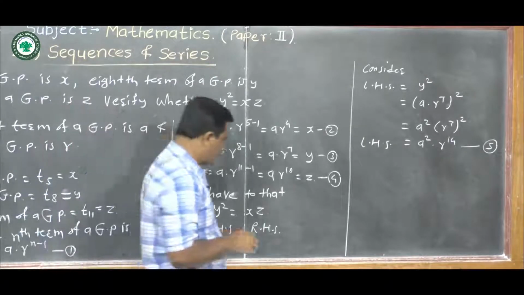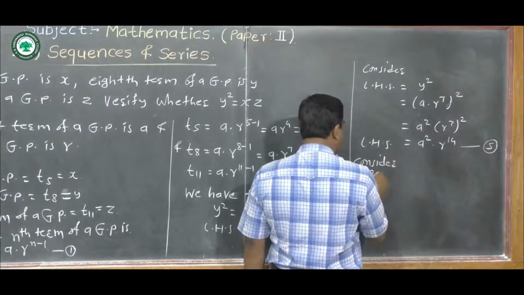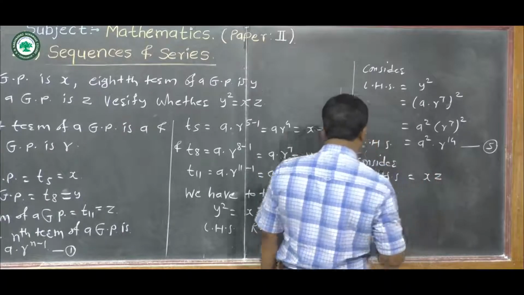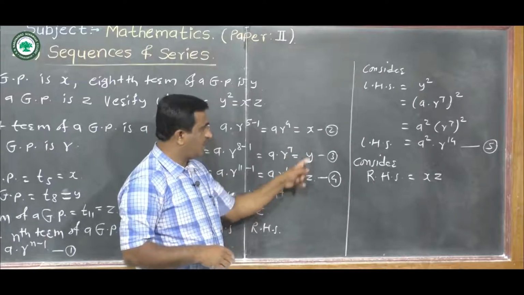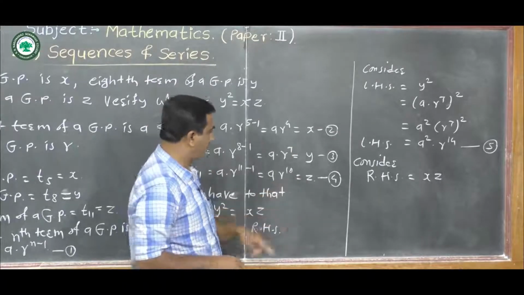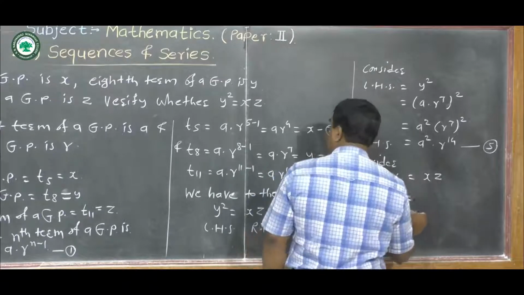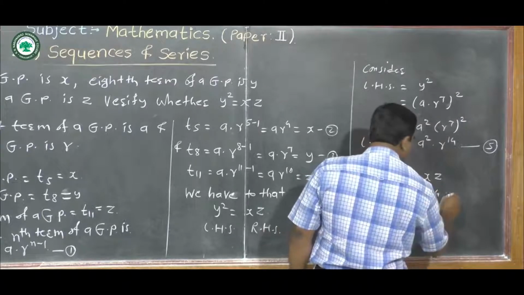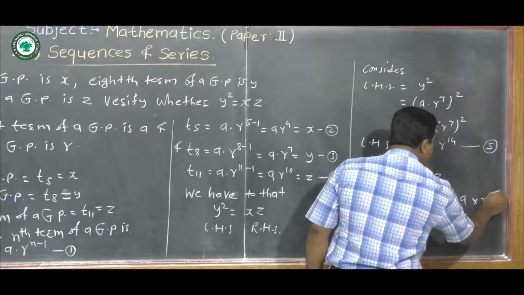RHS equal to x into z. Now put the values of x and z from equations second and fourth. X is equal to A into R raised to 4 and z is equal to A into R raised to 10. Putting these values, RHS equals A into R raised to 4 into A into R raised to 10.